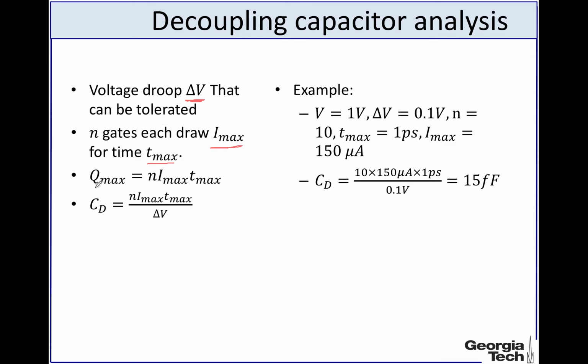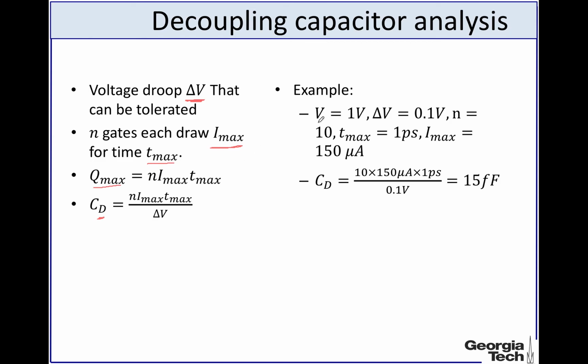So the maximum amount of charge that this logic block will require during this time segment of high activity T max is N I max T max. So the decoupling capacitor needs to be, so Q max is C_D delta V. As a result, C_D should be N I max T max over delta V.